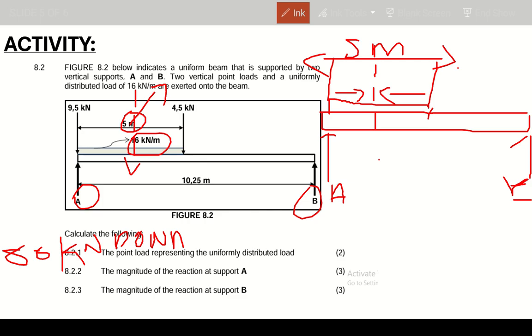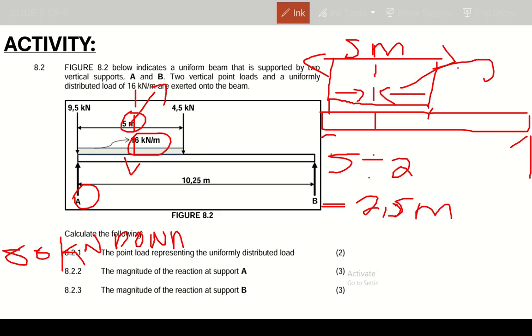To calculate the position of the equivalent point, you just divide the length of the UDL. So it's just 5 divided by 2, which gives you 2.5 meters.